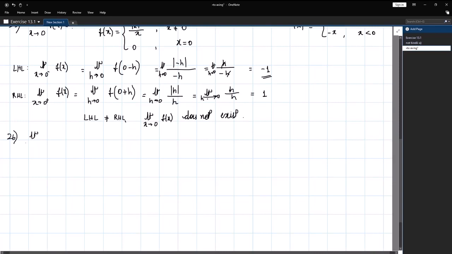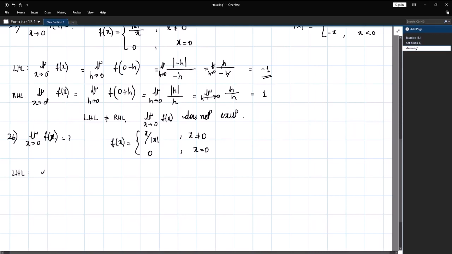Limit x tends to 0 of f of x. This is what we have to find, given that f of x is x divided by mod x for x not equal to 0, and 0 for x equal to 0. Again we'll have the left hand limit and right hand limit.